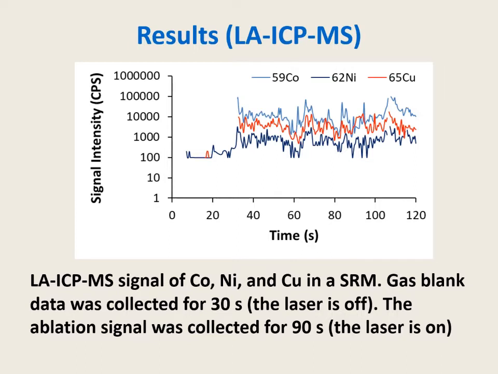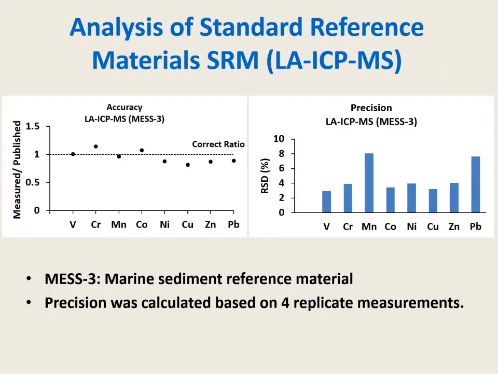This figure shows the signal intensity of cobalt is greater than the signal intensity of copper, which is greater than the signal intensity of nickel. Analysis of standard reference material by laser ablation ICP-MS, marine sediment reference material.